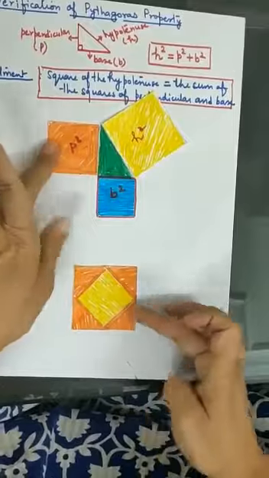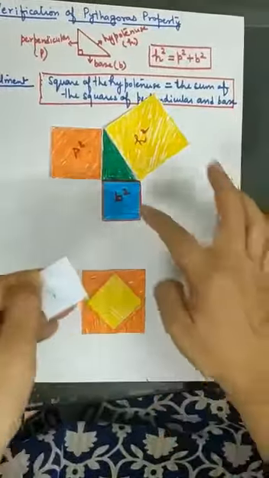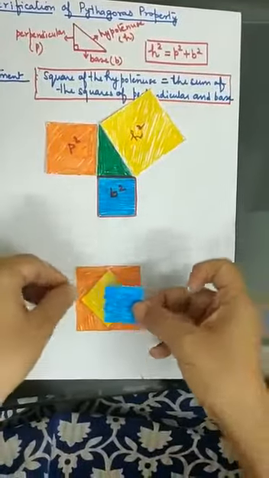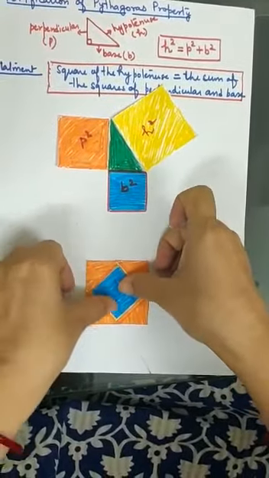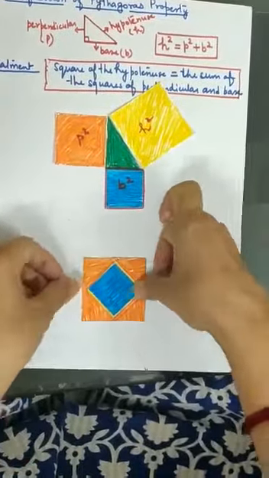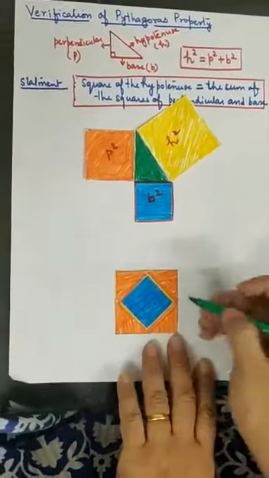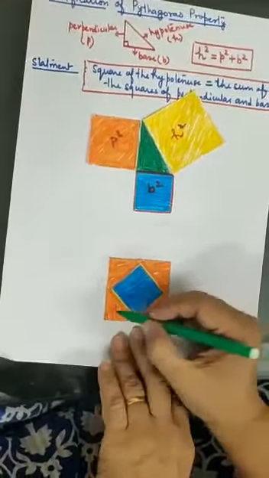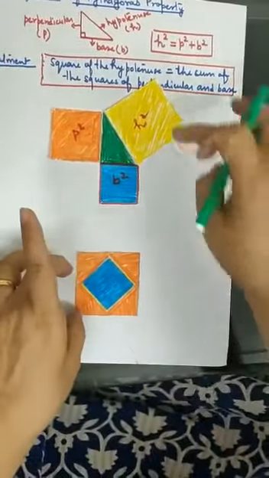That I have placed my P square here. Now this blue, that is B square, see here, it fits in this, almost fits. Okay, so see here, this was P square and this was B square, and I have arranged this in this yellow.